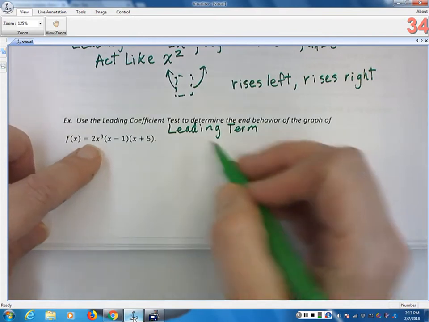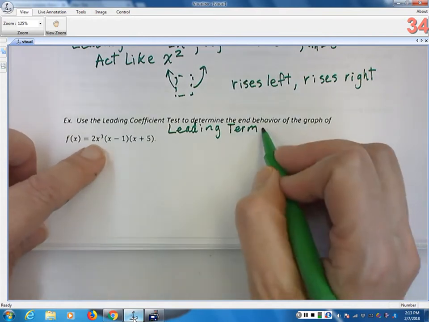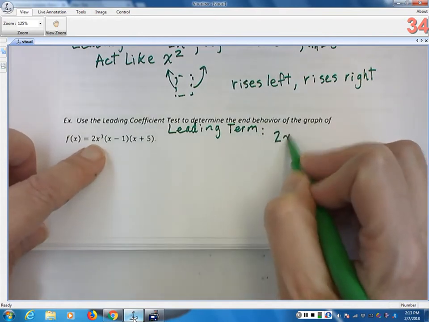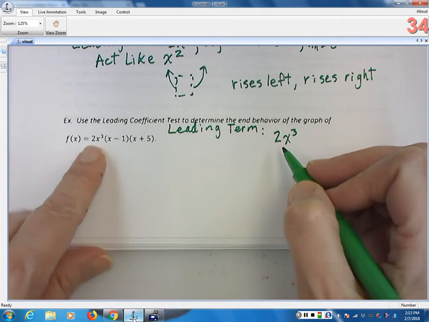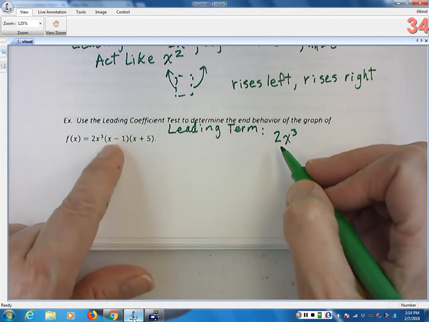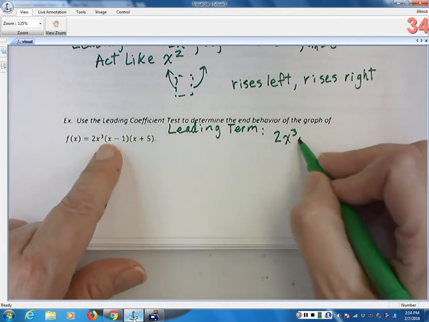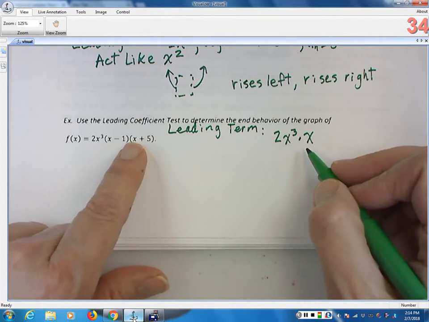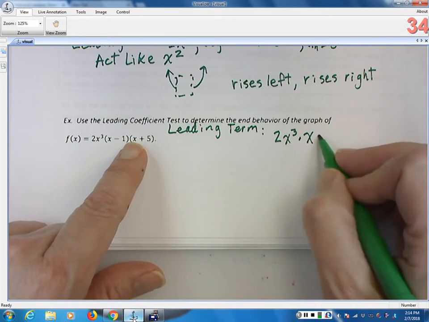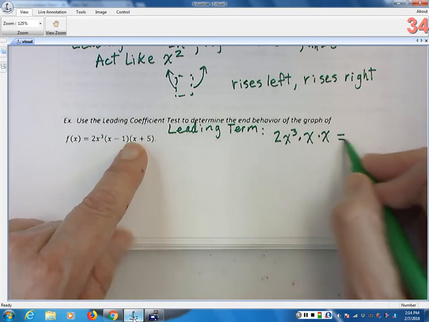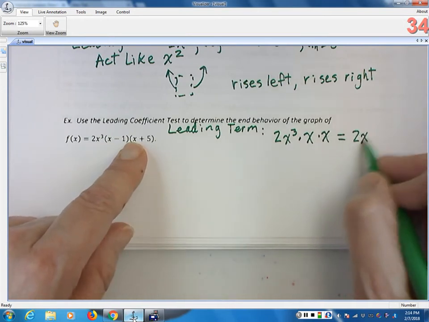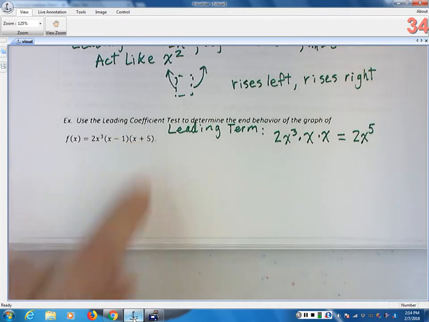So the leading term will be 2x to the third, that's the highest power there, times the highest power of this binomial, x, times the highest power of this one, another x. So our leading term, if we FOIL this all out, is 2x to the fifth.